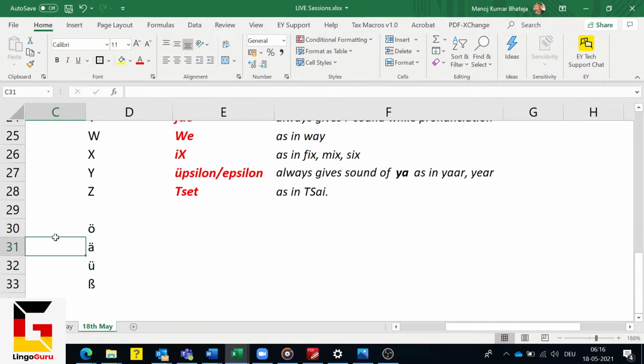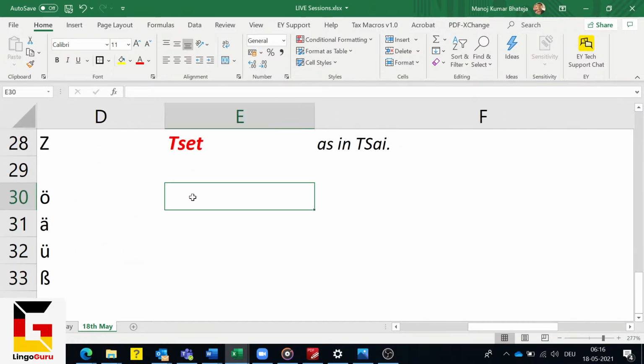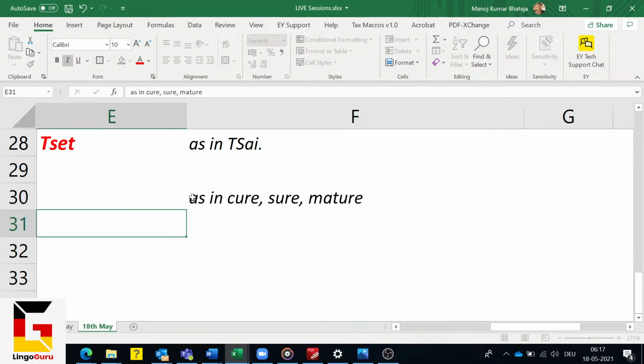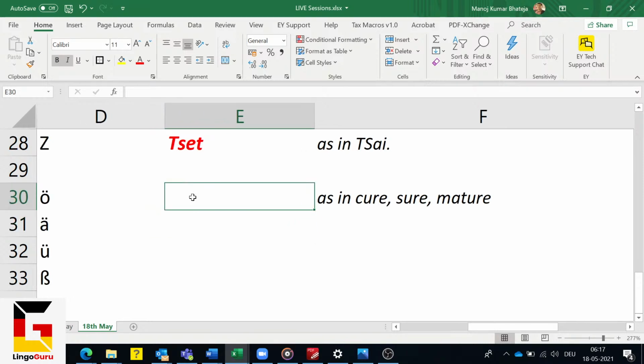Three different. Okay, so this here is pronounced as er, as in pure, sure, mature, very close sound. We're not going to spend too much time on the pronunciation of these vowels, which we practiced yesterday as well. I'm going to have a proper session for this one. As in cure, sure, mature.